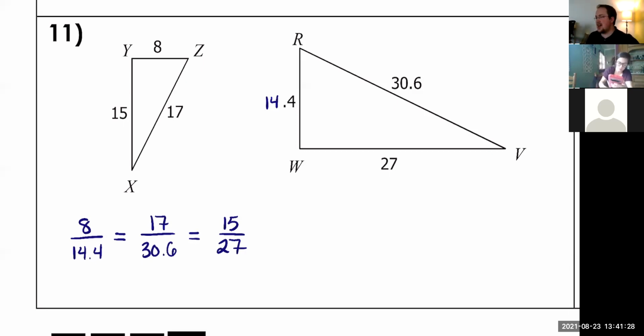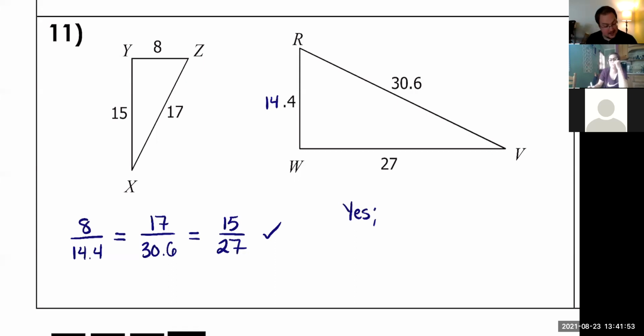So again, I would grab a calculator. I would do each of those little divisions. 18 divided by 14.4, it looks like 0.5 repeating. 17 divided by 30.6, also 0.5 repeating. 15 divided by 27, also 0.5 repeating. So again, even though they don't look friendly initially, they're all equal.